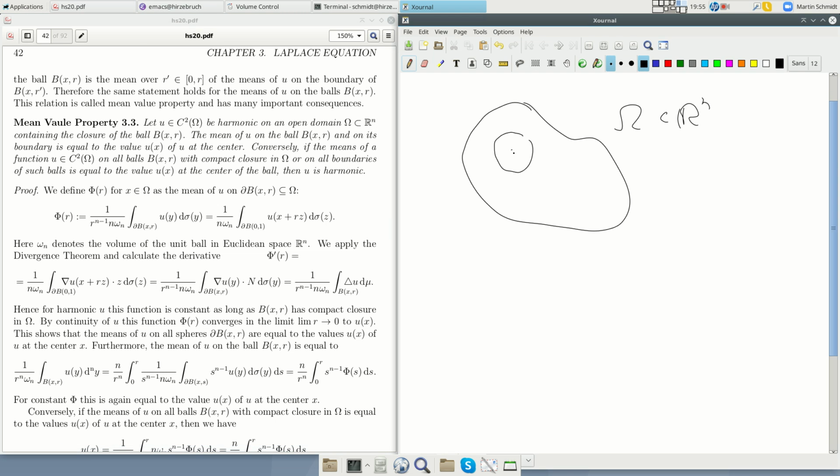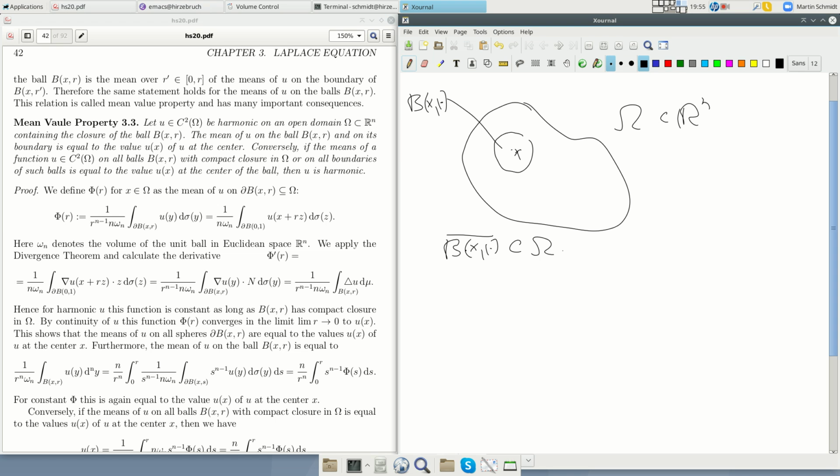So we have here x, and the ball B(x, r) with radius r. And we assume that the closure, so also the boundary of this ball, is contained in omega. We assume that the closure of B(x, r) is contained in omega.